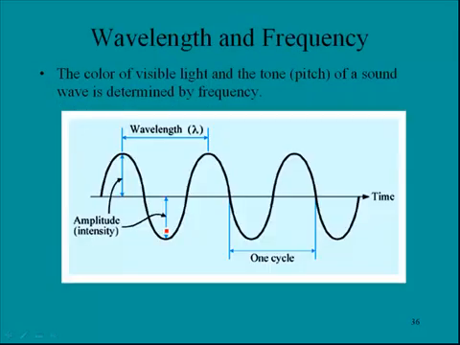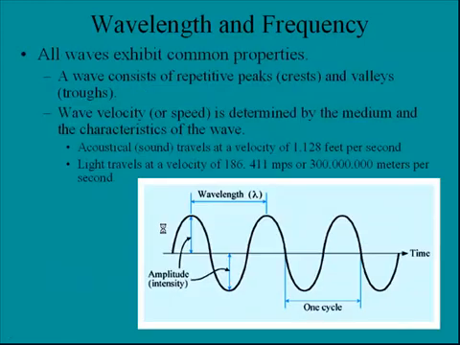Wavelength and frequency. The color of visible light and the tone of a sound wave is determined by its frequency. And in the next couple of slides we're going to be looking at terms related to wavelength and frequency. All waves exhibit common properties.